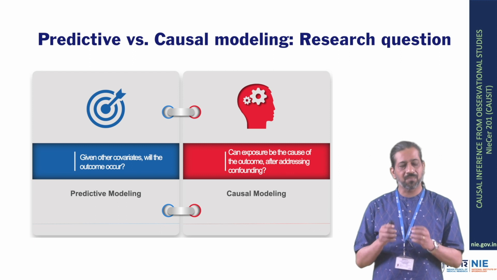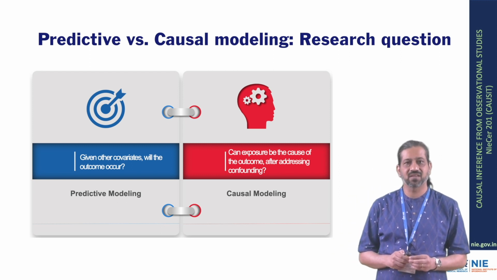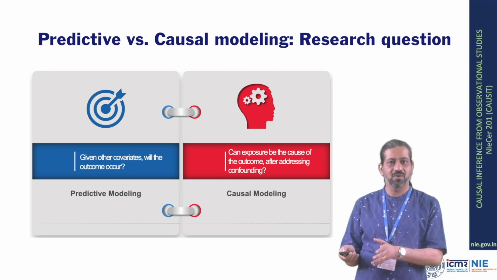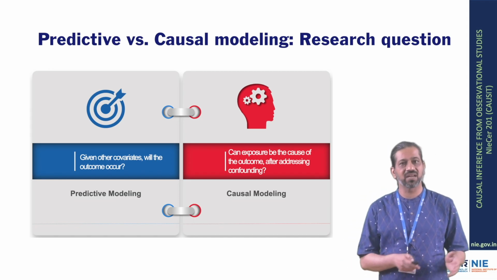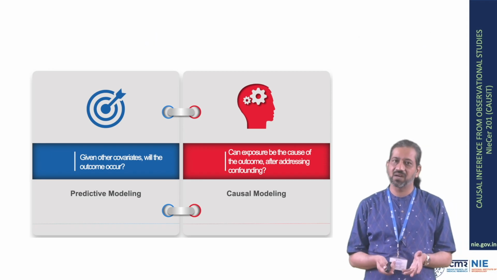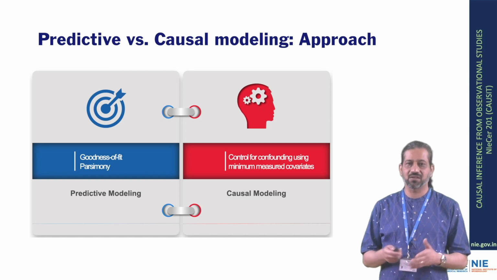And hence, the appropriate research question that causal modeling addresses is: can the exposure be the cause of the outcome after addressing confounding? Whereas predictive modeling answers the question: given other covariates, will the outcome occur? So the approach differs between predictive modeling and causal modeling.